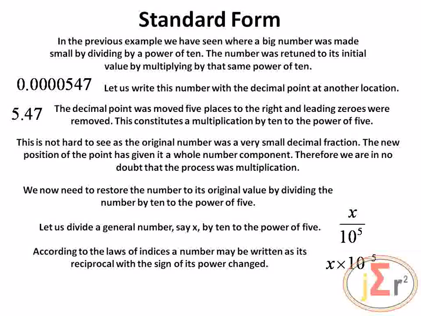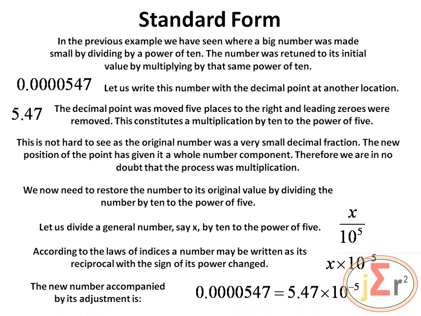So it is the same thing as x times 10 to the power of negative 5. The new number accompanied by its adjustment is 5.47 times 10 to the negative 5. And that is the whole principle of writing a number in standard form.